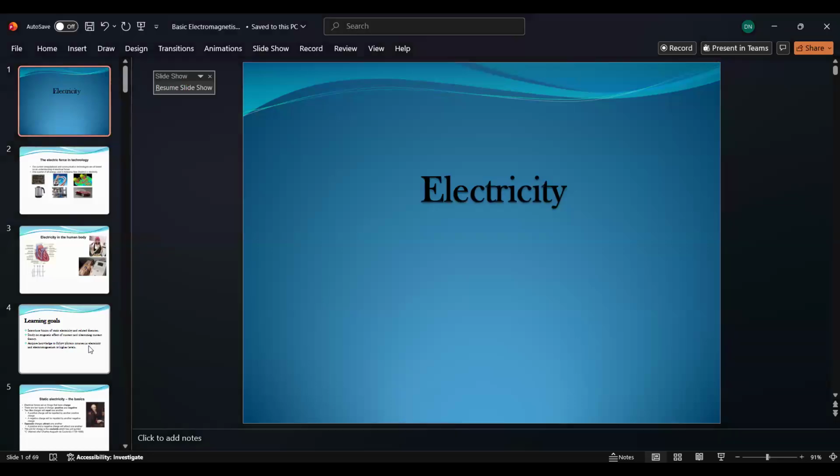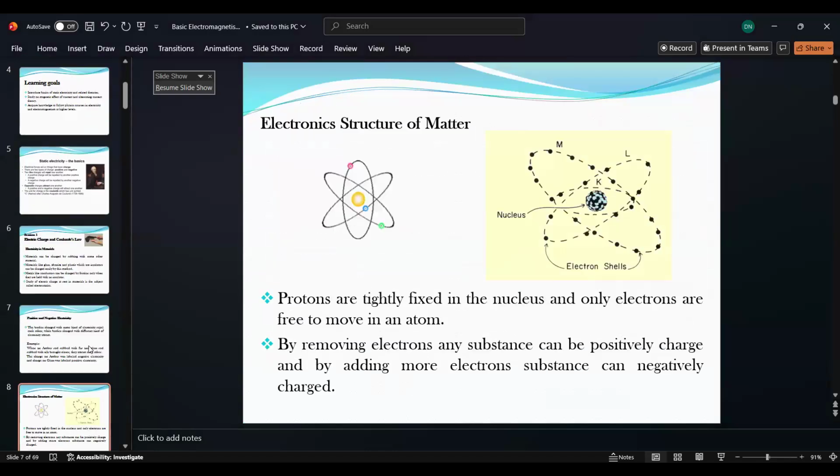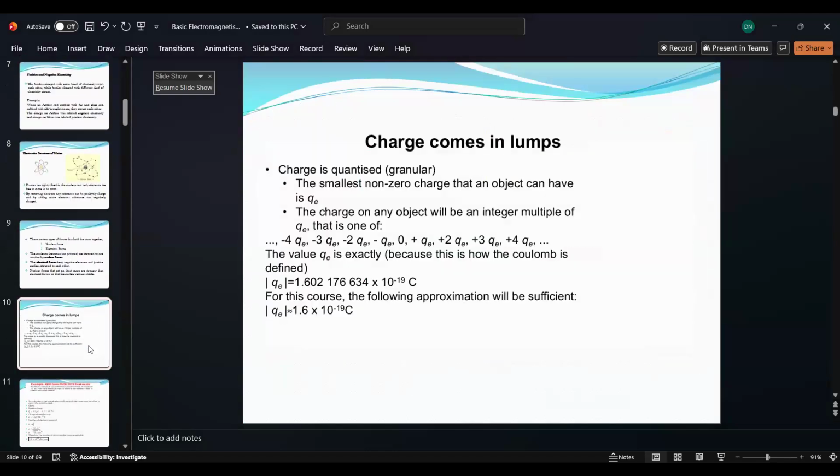Can you see the different slide? Yes, madam, we can see. Okay.